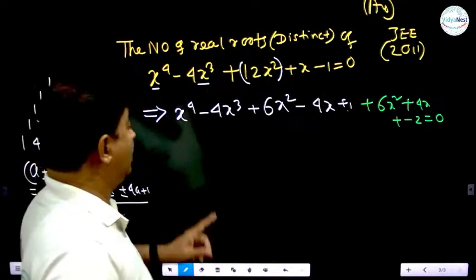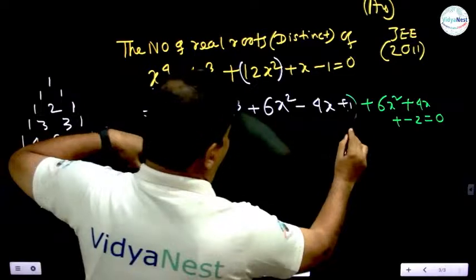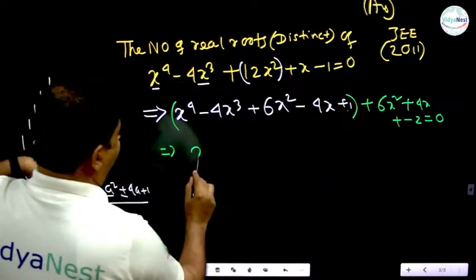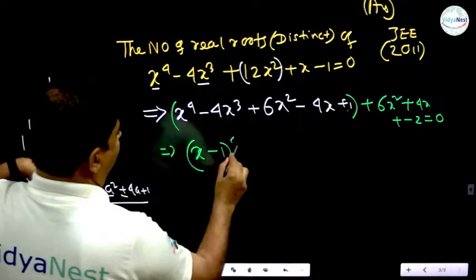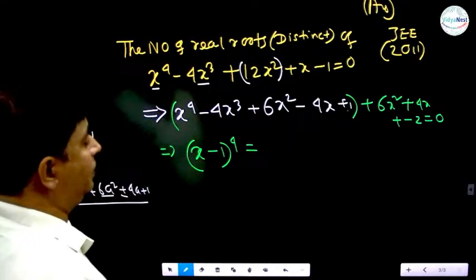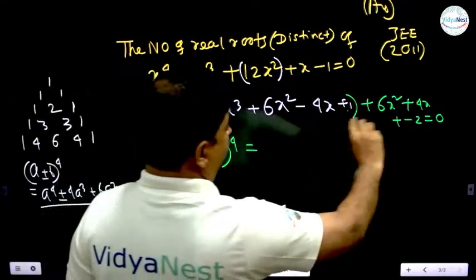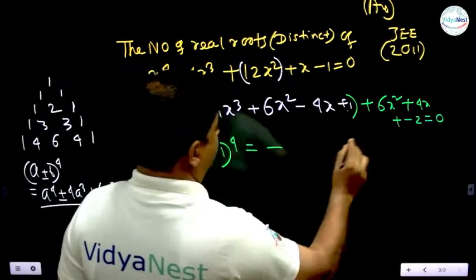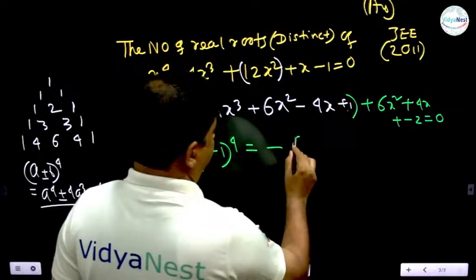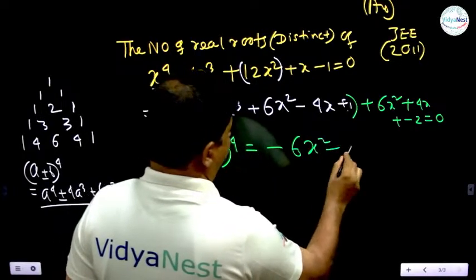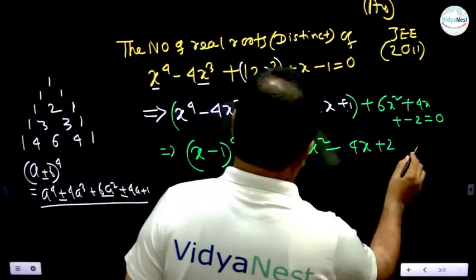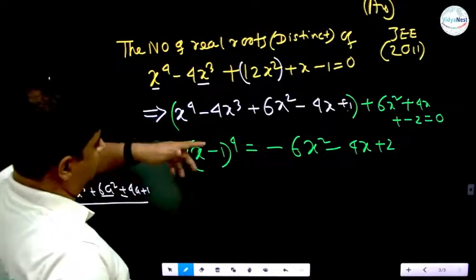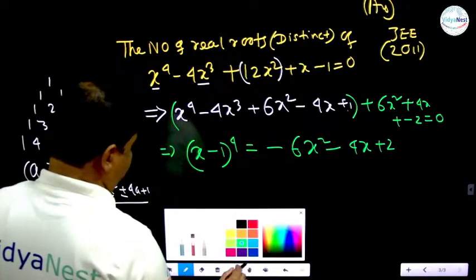Yes. Okay. Now, if I put these numbers in a bracket, that will give you (x minus 1) whole to the power 4. And other terms, I will shift to the right hand side. There is no change in the left hand side expression.